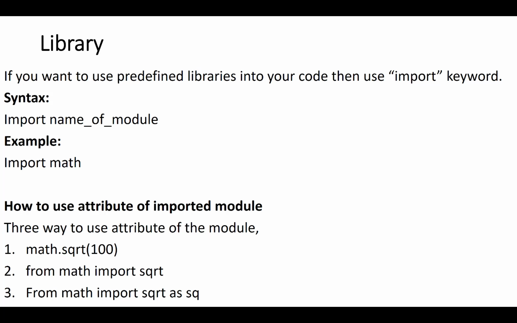There are three ways. First, math.sqrt: directly use the name of the module and the function name, separated with the dot operator, like an object. Dot is the access operator in C++ and Java.